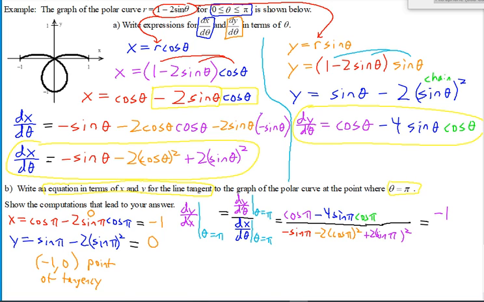Sine of pi is 0. So again, that wipes out this entire term, so we just get -1 in the numerator. And notice we've got some sine of pi here. That's 0, that's 0, so those two terms are gone. And then cosine of pi is -1. But notice that gets squared, that makes it +1, times -2 is -2. So we just end up with -2 on the denominator. And then you can see we've got a negative divided by a negative. The negatives reduce out. So we get +1/2. So that's the slope of our tangent line.